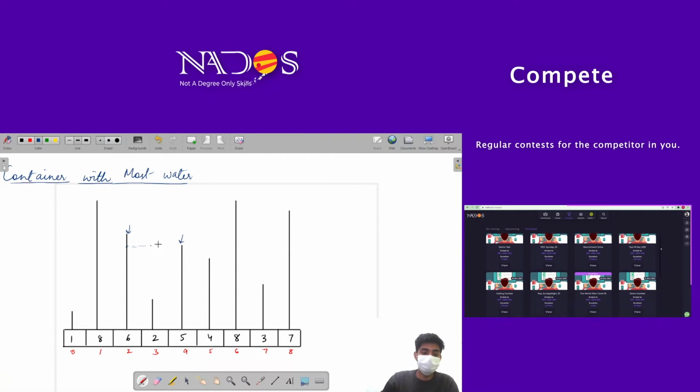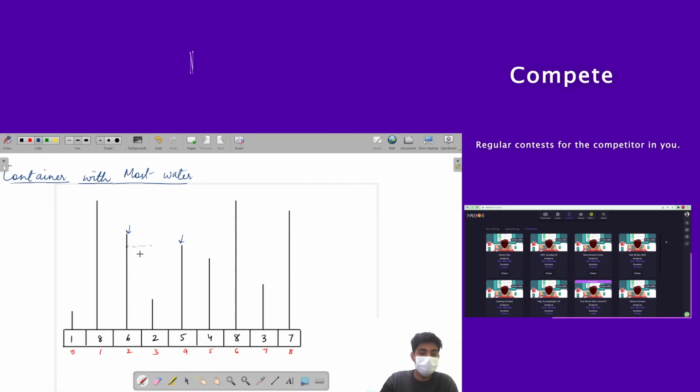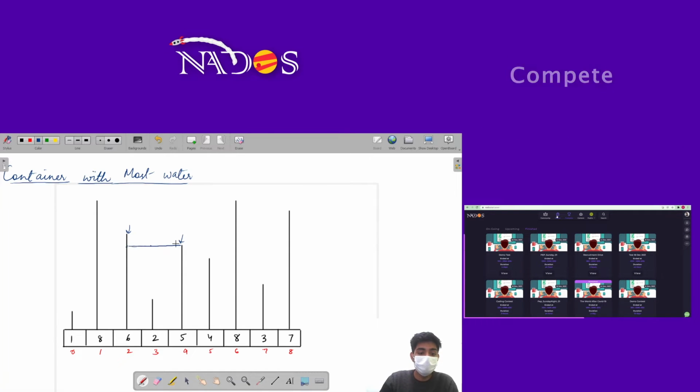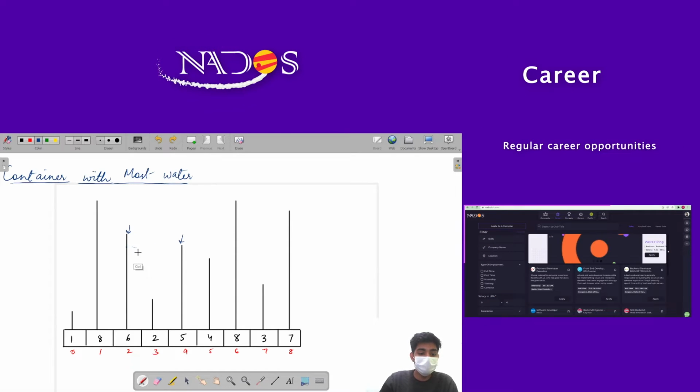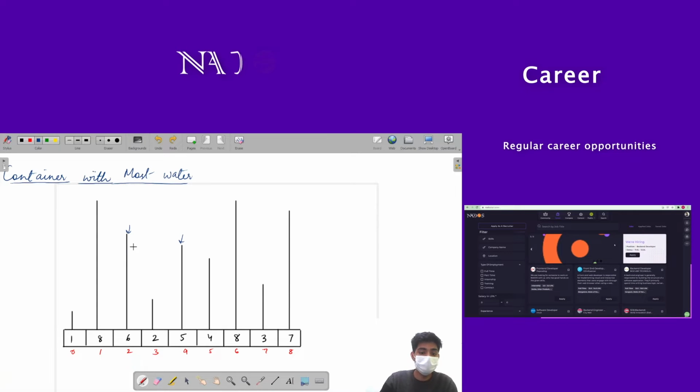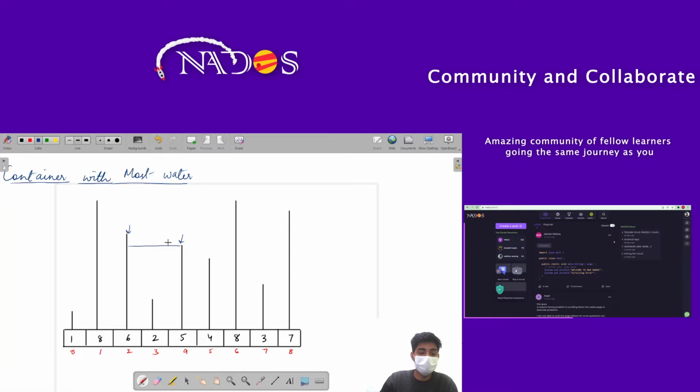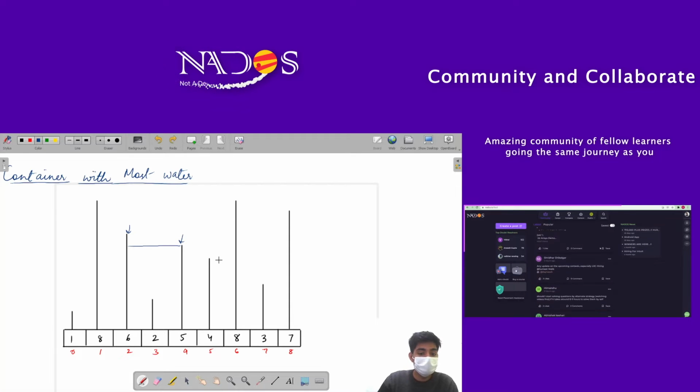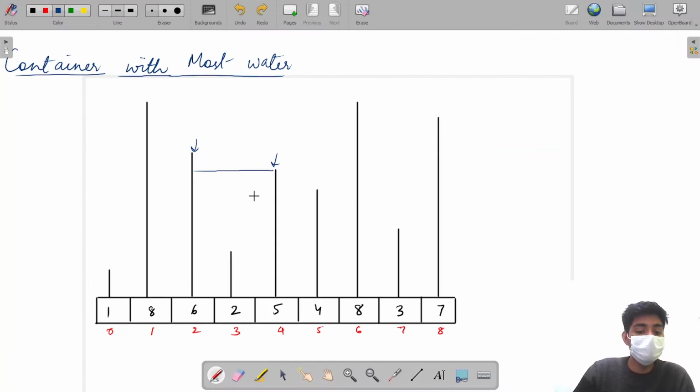It is not the maximum height of these two, because if I try to fill this container after this point, it is going to overflow. So the height of the container is dependent on the minimum height of the two numbers.